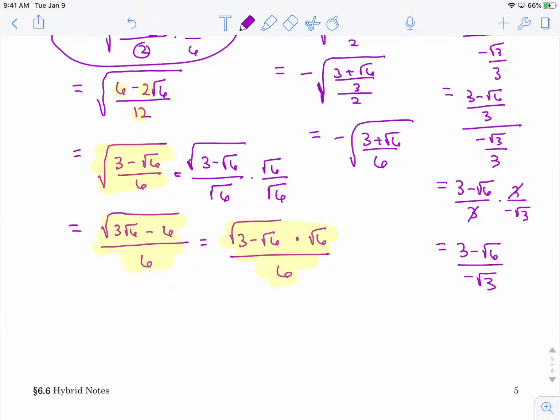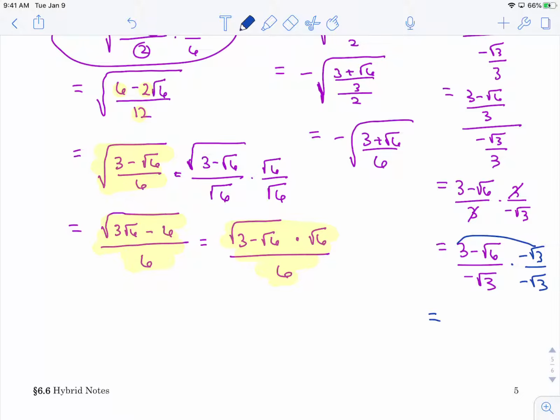Again, because of time, I can go ahead and leave it like this, but I do want to show you with rationalizing, because again, that doesn't go away. I'm going to go ahead and multiply numerator and denominator by negative root 3.